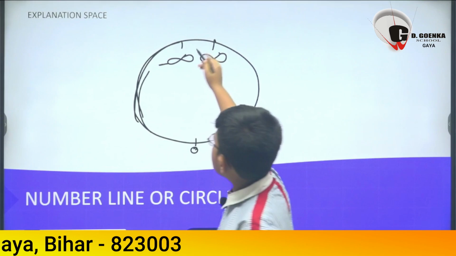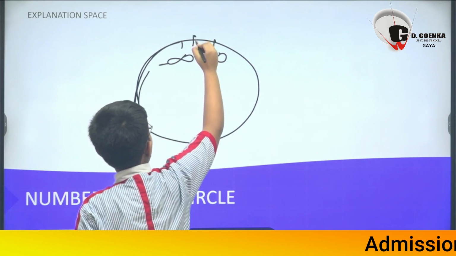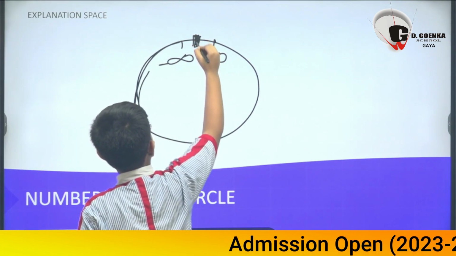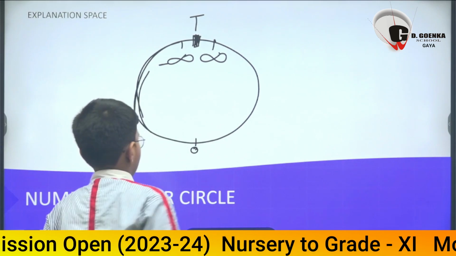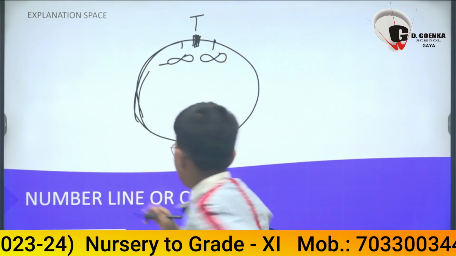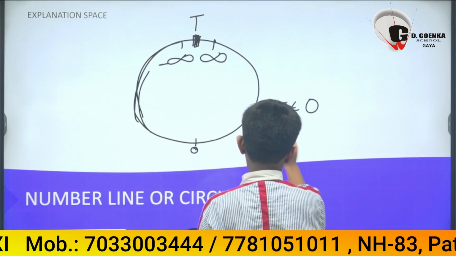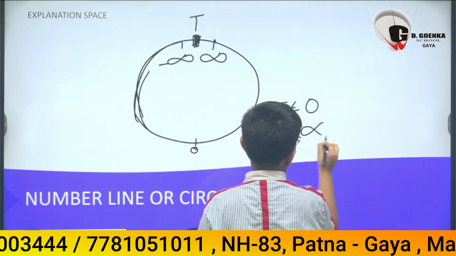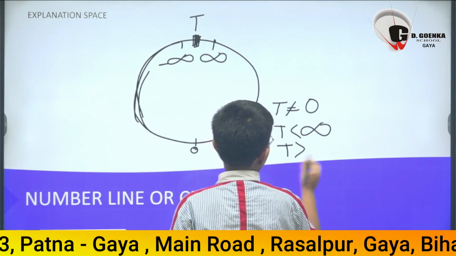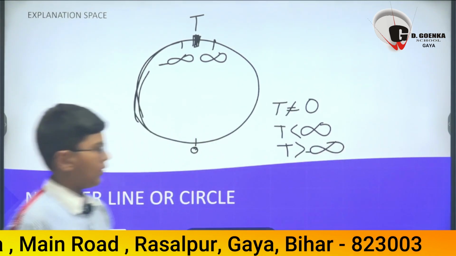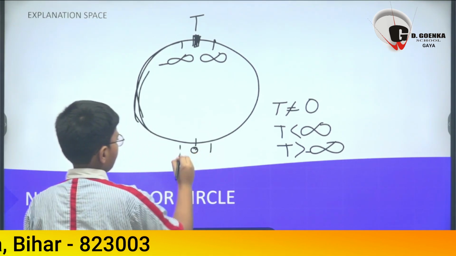I have named this point T. The point where infinity and negative infinity meet is known as T. T is not equal to 0, infinity is greater than T, and T is greater than negative infinity, because negative infinity is the smallest number possible. Now it is 1 and it is negative 1.